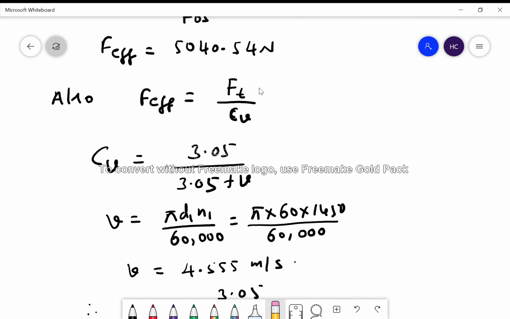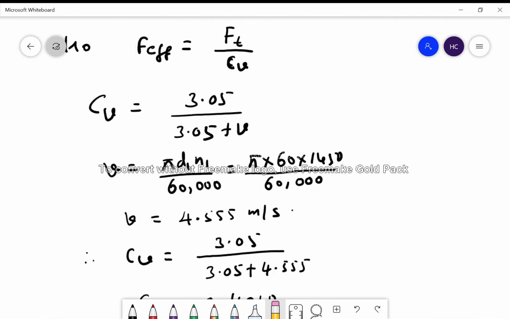Even otherwise it can also be calculated using the torque equation Mt. Torque Mt is equal to 9.55 into 10 to the power of 6 into power divided by speed. Using that one also you can find out. We have been using Ft in other problems also, so we are using this expression here.